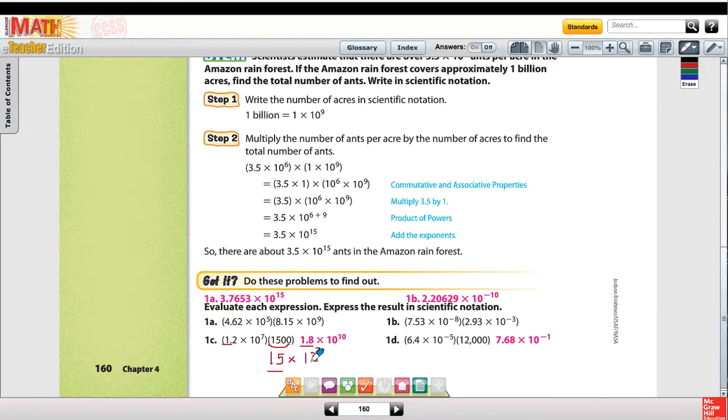And then 10 to the 3rd and 10 to the 7th is 10 to the 10th. Same thing on 1D, 1.2 times 10 to the 4th power, and 6.4 times 1.2 gives you 7.68, and then 10 to the 5th and 10 to the 4th is 10 to the negative 1.